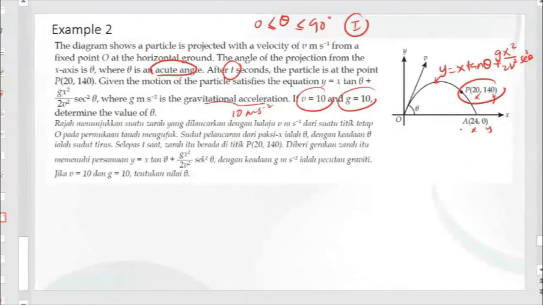Will the answer be the same? Pechi, can you answer me? Yes or no? Hey, who is Pechi? Okay, how about Mashita? Mashita, can you answer me yes or no? Can or cannot?